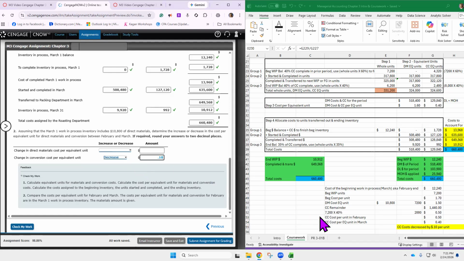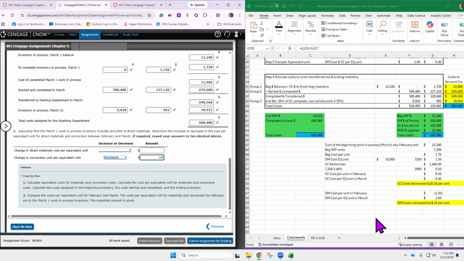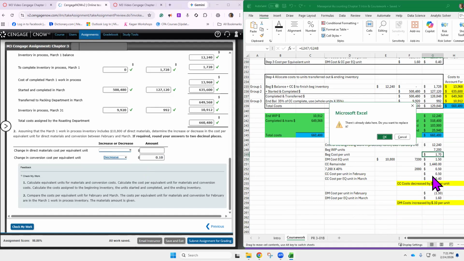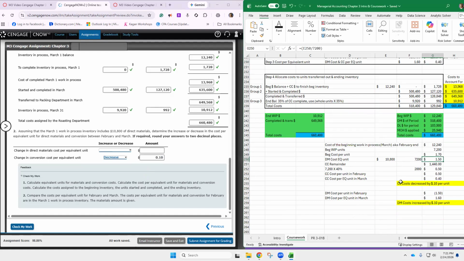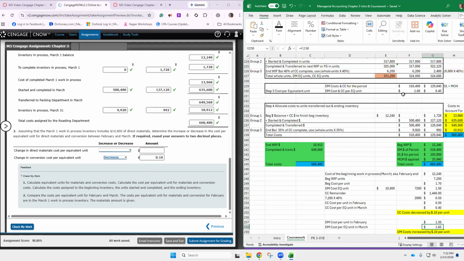Now let's look at the direct materials, right? So direct materials we figured out is $1.50 of the total product cost of $1.70. So there is $1.50. And how much was our direct materials cost per equivalent unit?